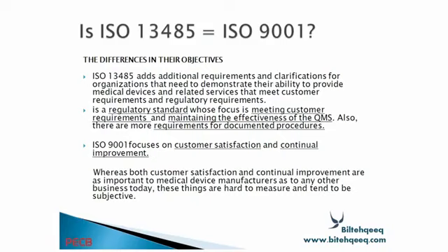It has the same requirements as ISO 9001, but it has some additional requirements which are mainly focused on the regulatory standards, meeting customer requirements and maintaining an effective quality management system. Same as ISO 9000, its focus is on customer satisfaction and continual improvement. But it is also taking care of other regulatory requirements.